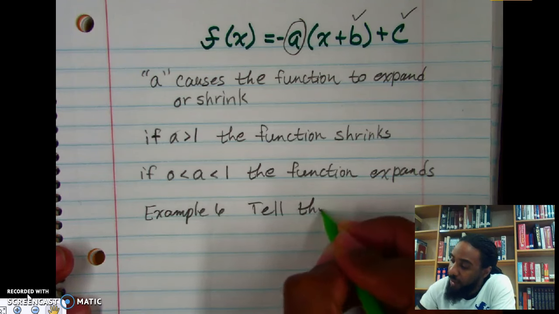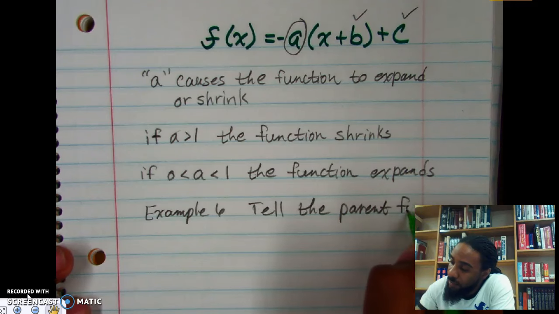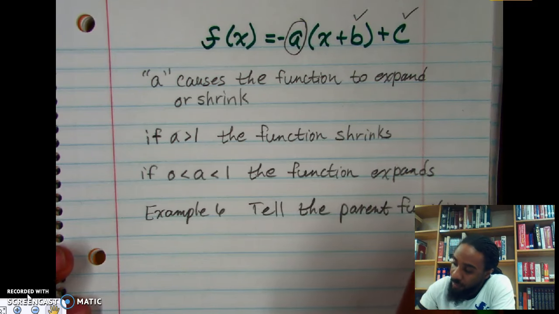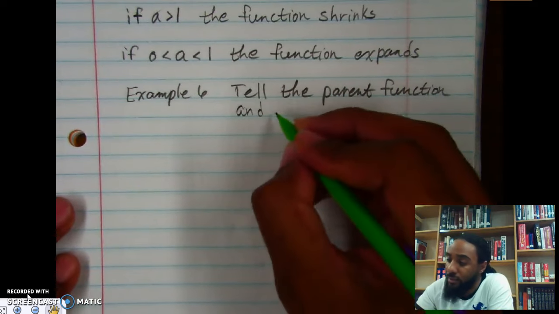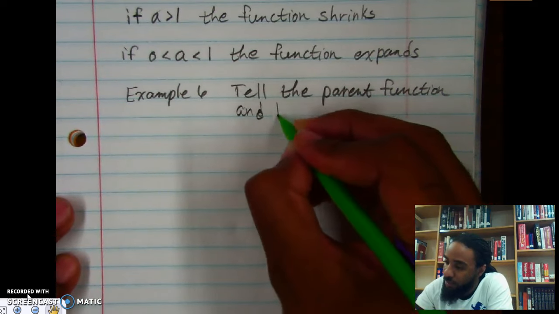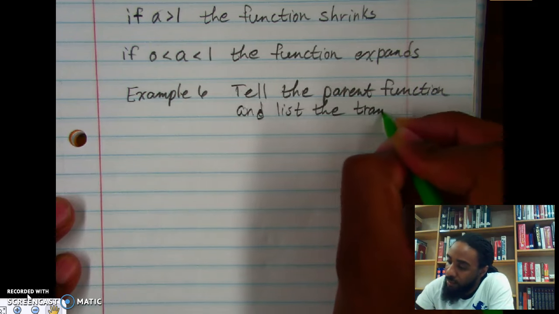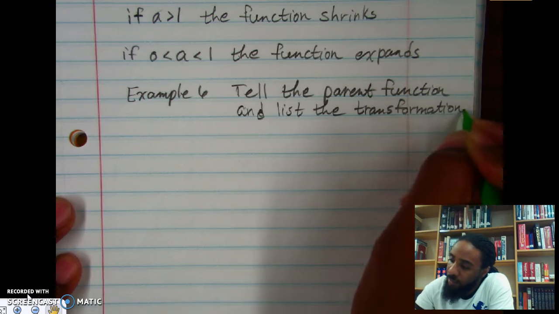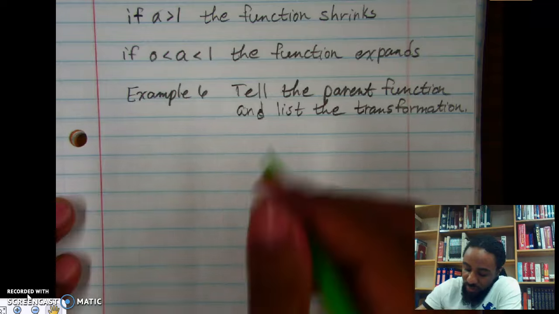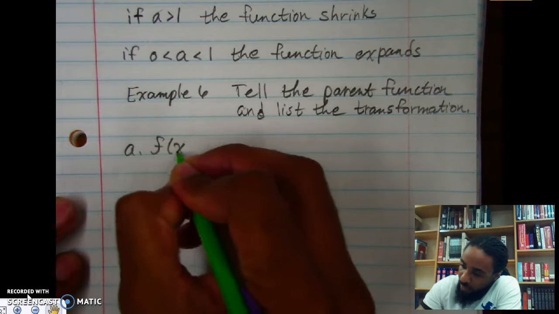We're going to tell the parent graph or the parent function, and list the transformation. All right, so for this one, again, we're going to deal with 2.